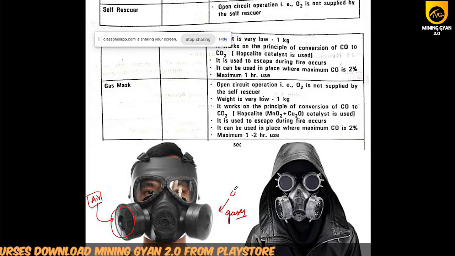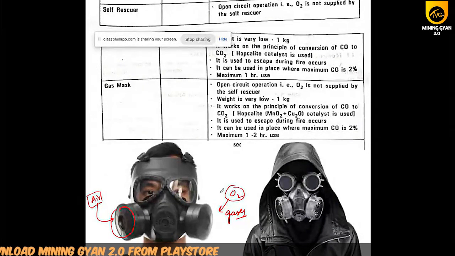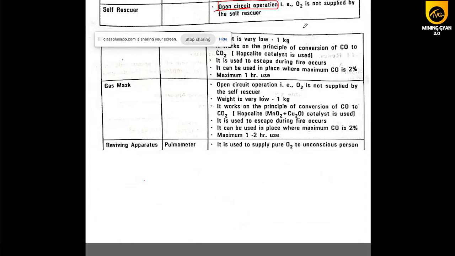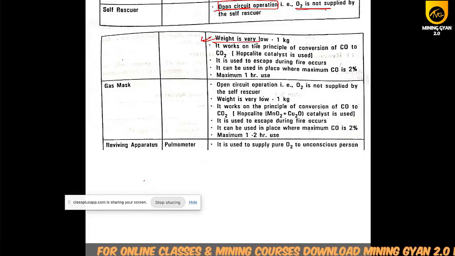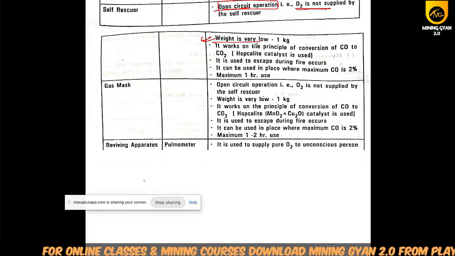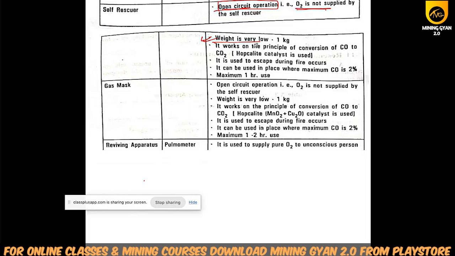Then you use a gas mask or the self-rescuer, so it can filter and you can breathe in that environment. Self-rescuer is open circuit, and O2 is not supplied by the self-rescuer, because it is open circuit, so you take O2 from the environment itself. So you don't need a capacity tank, and its weight will be reduced.